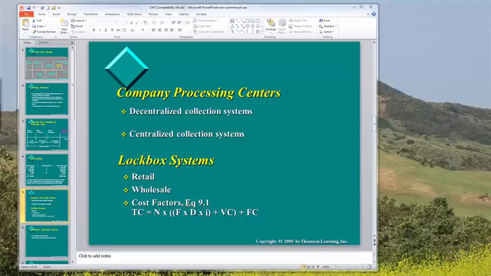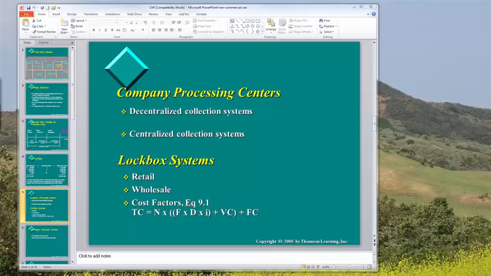And the differentiation between a retail and a wholesale lockbox is that the retail handles huge volumes of small payments. For instance, maybe water bills or payments on credit cards for Macy's, something like that, where there's just tons of them coming in.